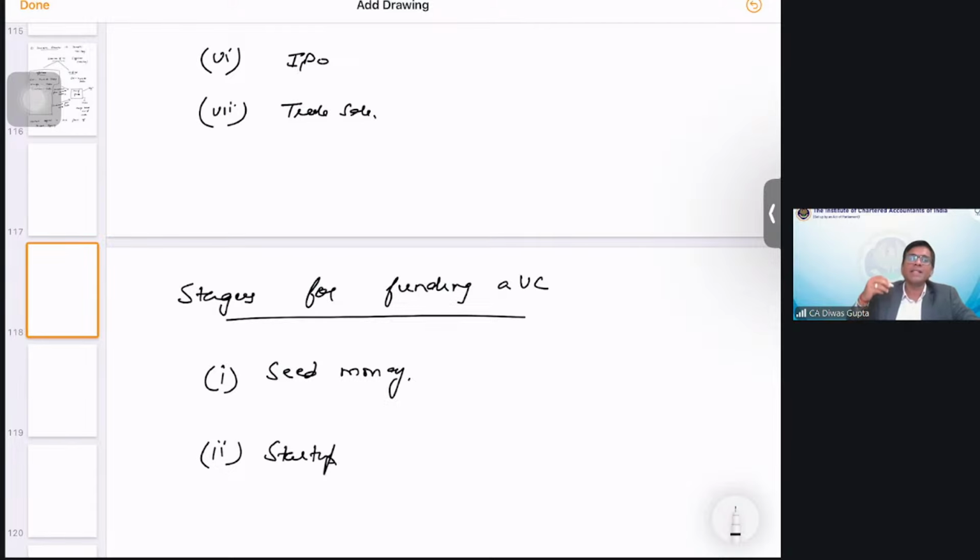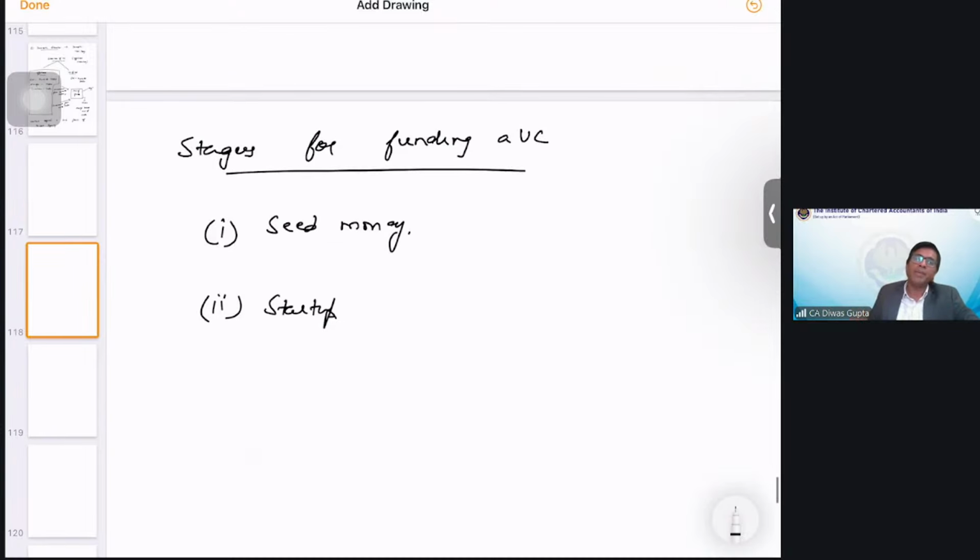Now in this case, your idea has been taken to the next level, and for the development of that idea into a product, or let's say marketing of that idea, you need expenses. The funding for those expenses comes in the startup stage of funding. Okay, this is again pre your commercial activities.